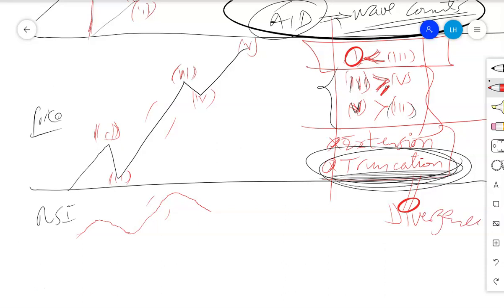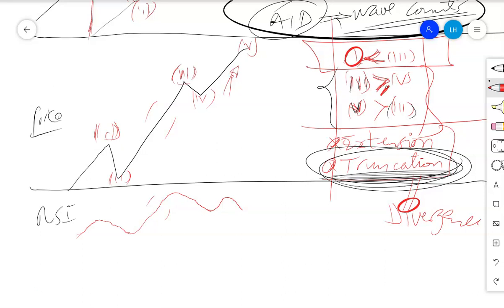When the volume in the fifth wave is low, you will find that the price chart is moving up, beyond the top of the third. But you will find that the RSI moves up sharply and then it drops.